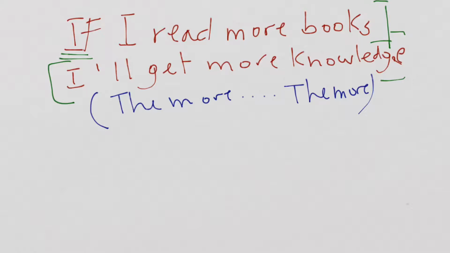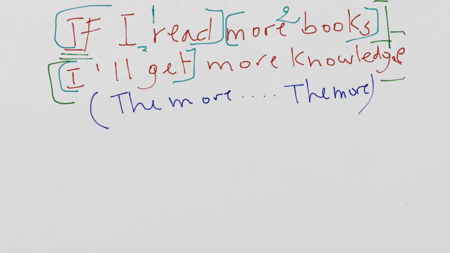If I read is the first one, more books is the second one. Number one, number two. Second sentence, I will get is the first part or part 3. More knowledge is part 4.